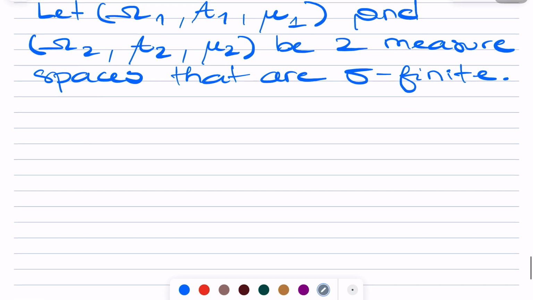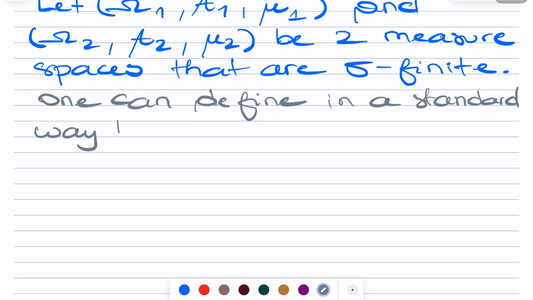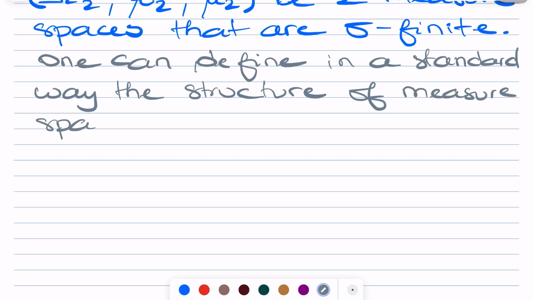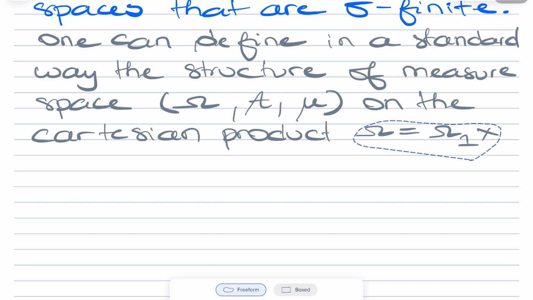One can define, the standard way, I mean, really standard, the structure of a measure space, say Omega, mu, on the Cartesian product Omega equals Omega 1 cross Omega 2.